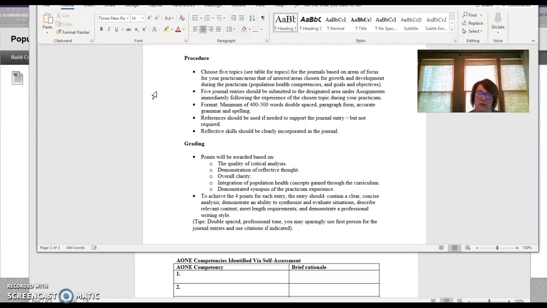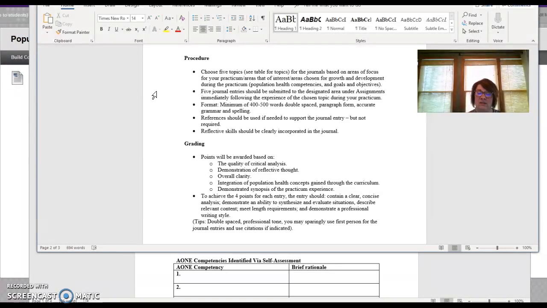What I will be looking for is the quality of your critical analysis of what's going on, demonstrating that you are practicing reflective thought, not just what happened, but what you're thinking about those particular experiences, and that you have clear thought processes and are integrating the population health concepts you've gained throughout the curriculum.